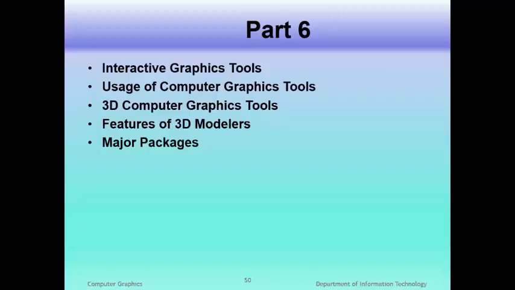In computer graphics software, the distinction between 2D and 3D is occasionally blurred. 2D applications may use 3D techniques to achieve effects such as lighting, and primarily 3D applications may use 2D rendering techniques. 3D computer graphics are often referred to as 3D models. Apart from the rendering graphic, the model is contained within the graphical data file.